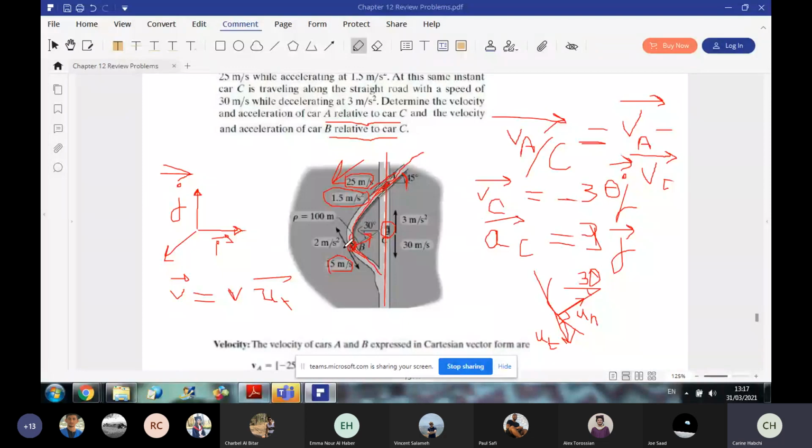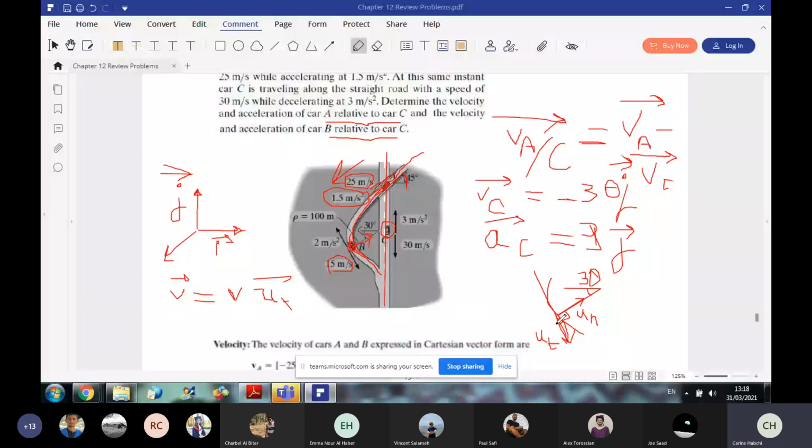Okay. So here, as you can see, the UT vector is downward, like the velocity. It's represented here, tangent to the path downward. And as I said, UN makes an angle of 30 degrees with the horizontal.